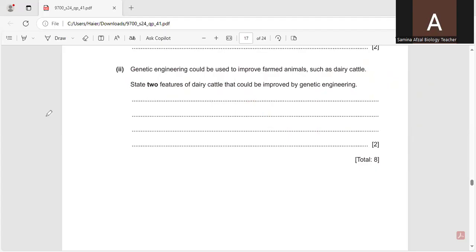So you can choose the features of your own choice, so we can improve the meat quality, or quantity of milk.